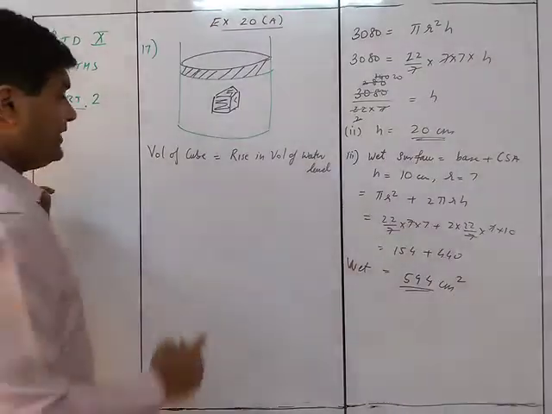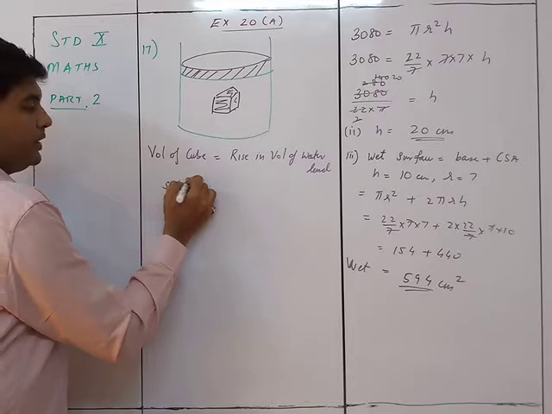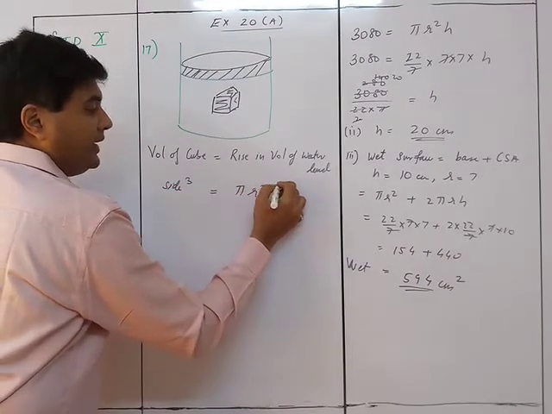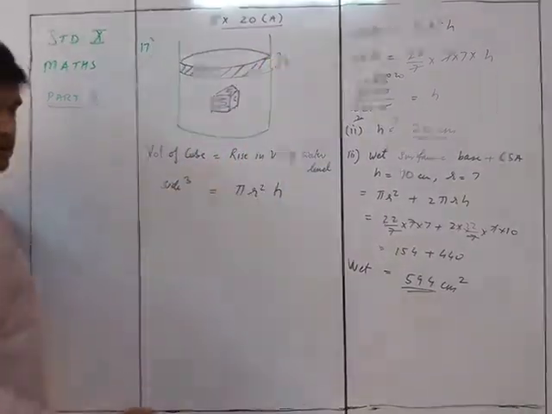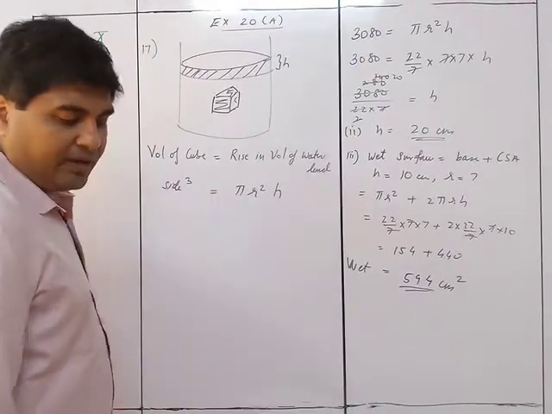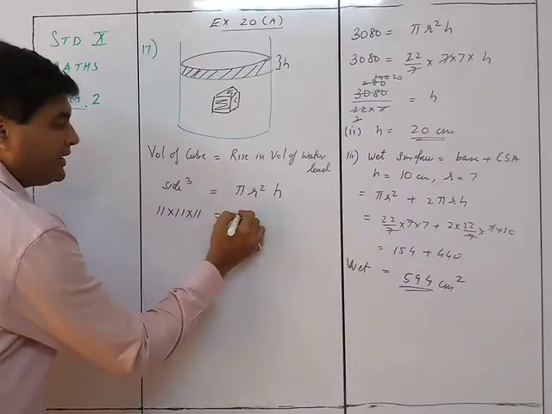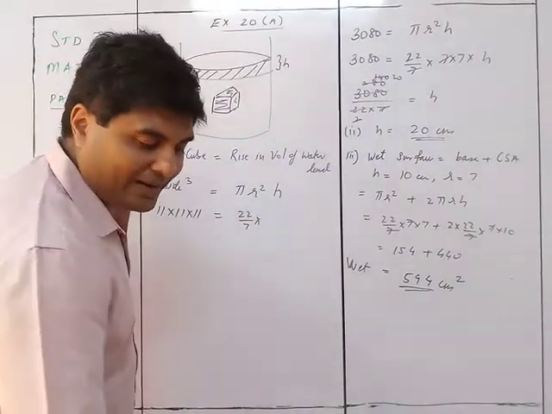Understood? Now, what is the volume of the cube? Volume of the cube is side cube. And what is the rise in water level? It will be pi r square into h. This h is what we want over here. Got it? Over here, this is 11 into 11 into 11. And here it is 22 upon 7 into r square, the diameter is given as 28.